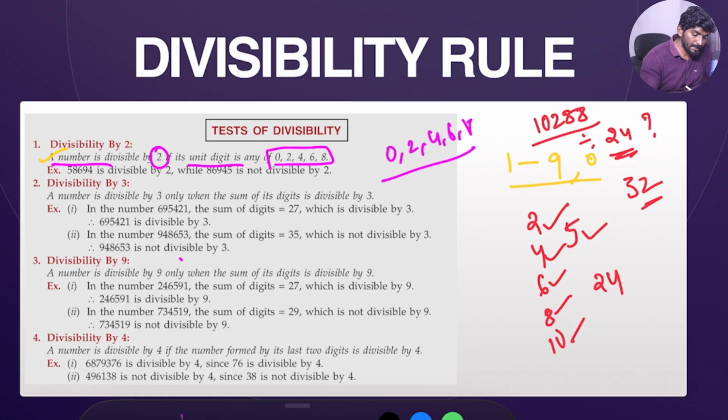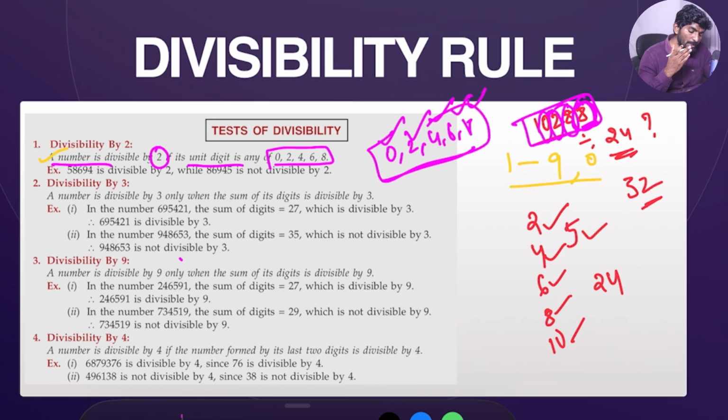What is the unit digit? In a number, this is called the unit digit, this is the tens digit, this is the hundreds digit, this is the thousands digit. If the unit digit is 0, 2, 4, 6 or 8, then that number will definitely be divisible by 2.